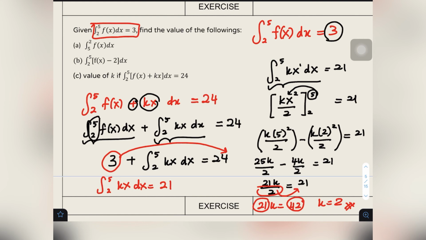Okay, so this is how we solve a few problems related to integration by applying the properties of definite integrals that is somehow important for us to really understand, to help us in solving the integration question or integration problem. Okay.